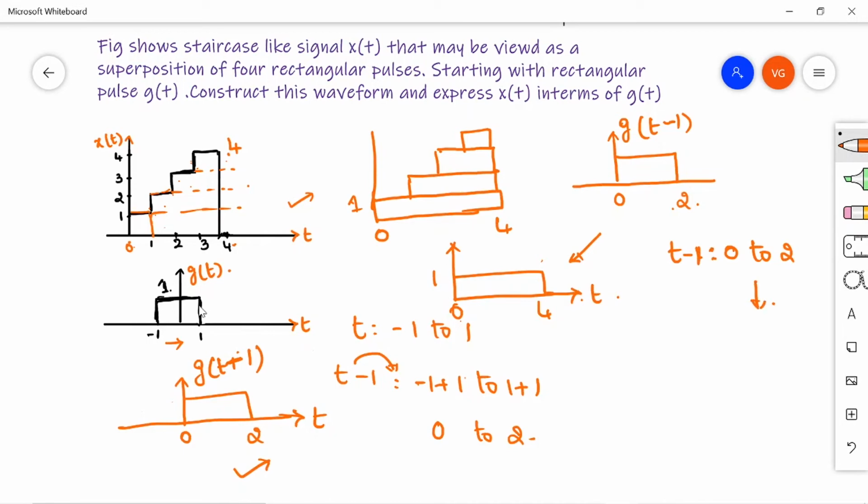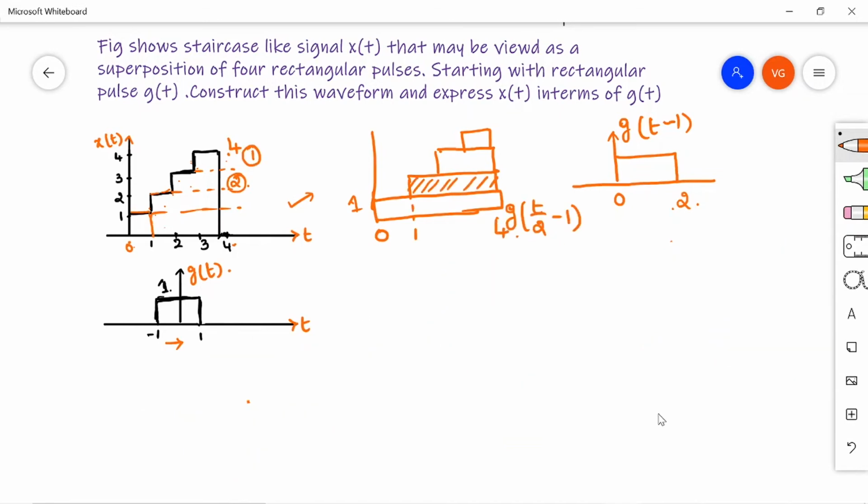Now I have to take it for 0 to 4, meaning I am just multiplying this range by 2. So take this 2 to the other side and divide, so that it will become t by 2 minus 1. So the top layer here is g of t by 2 minus 1. Layer 1 is defined as g of t by 2 minus 1.